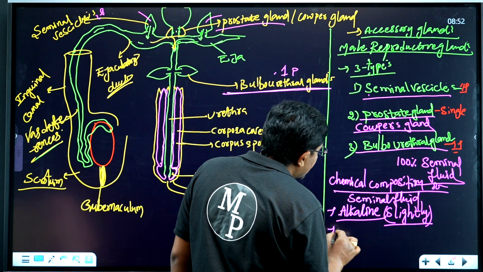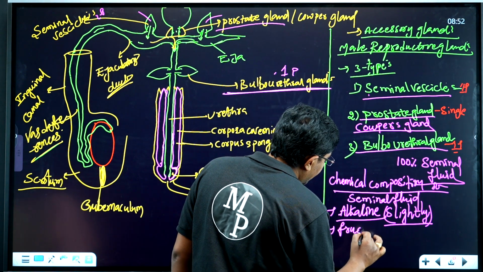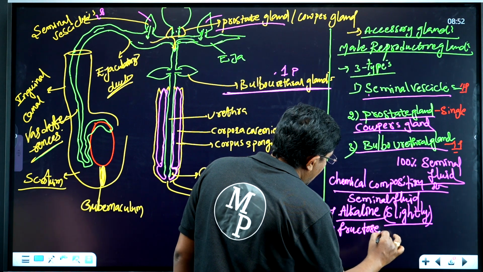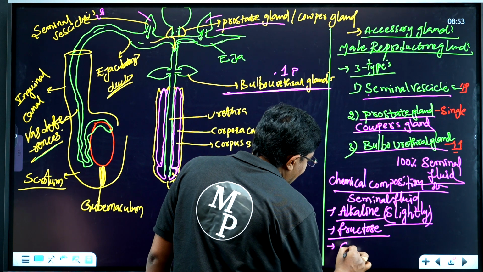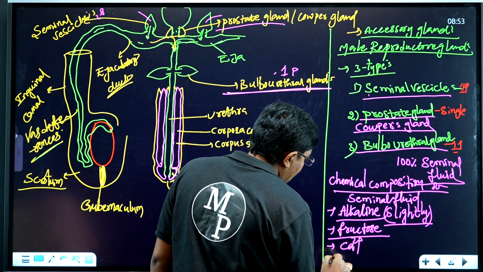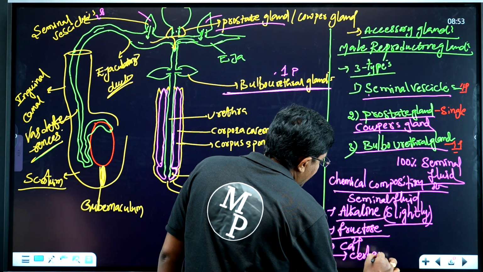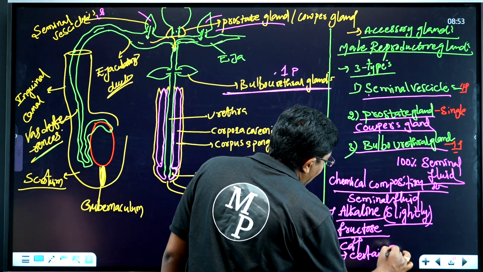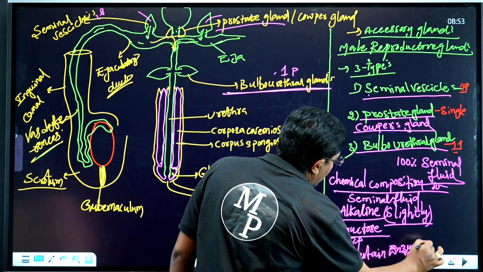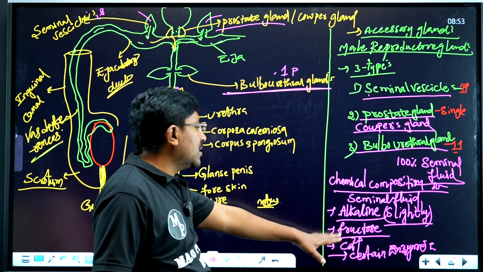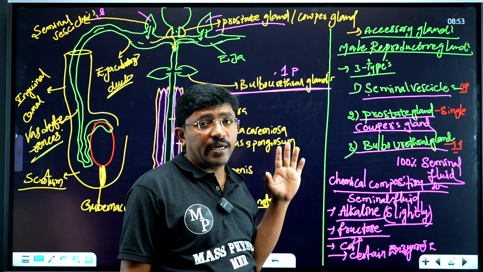Within the seminal vesicle secretion, the major component is fructose. Along with fructose, calcium ions are also there, along with certain enzymes. So this is the chemical composition of seminal fluid.